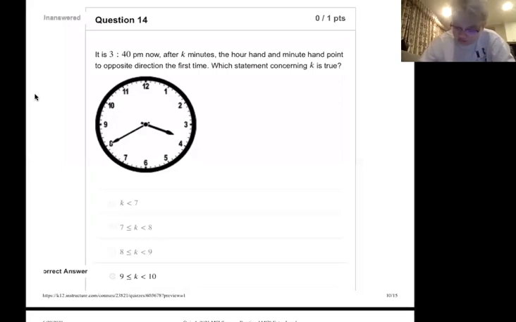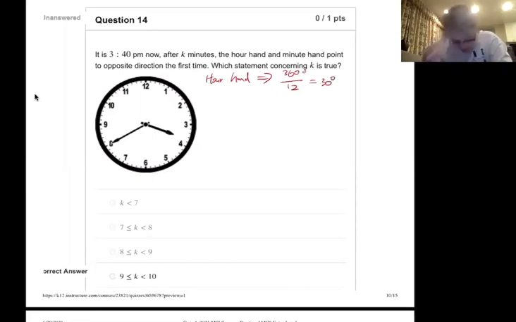Let's calculate how many degrees the hour hand and minute hand move in 1 minute. The whole clock is 360 degrees, right? And there are 12 hours in total. So each hour, the hour hand moves 360 divided by 12, which is 30 degrees.